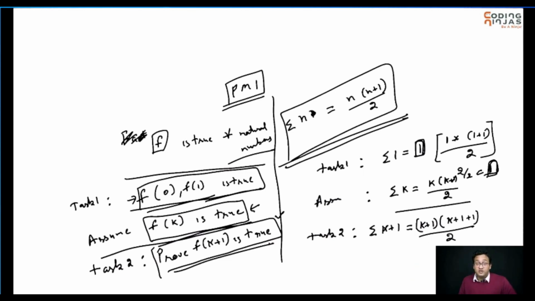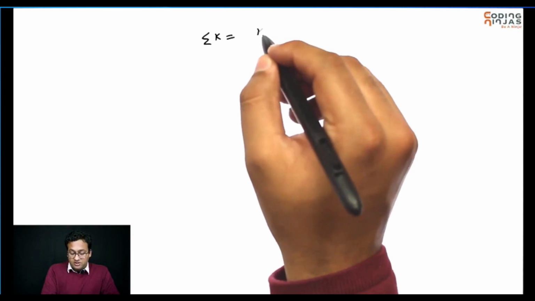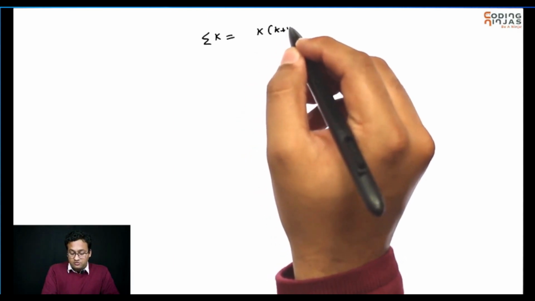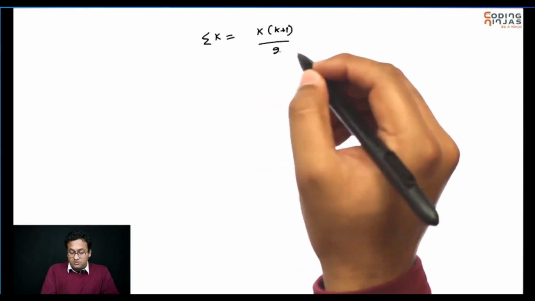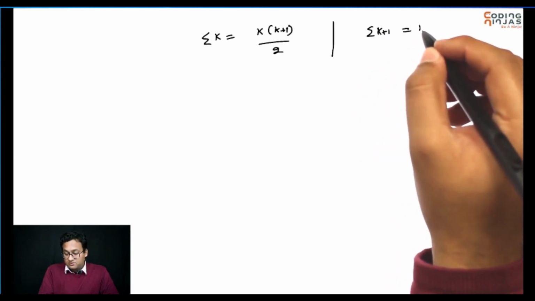This is something that I need to prove, right? So this is my task. This is what I need to do. Okay, so let me clear this out. I can assume this is true and I need to prove this.